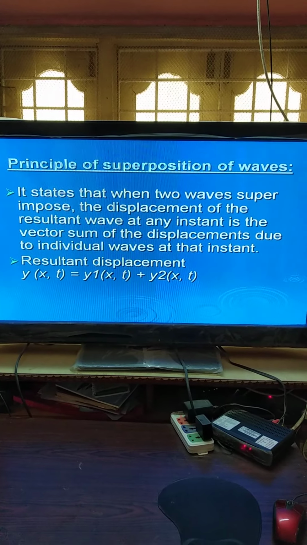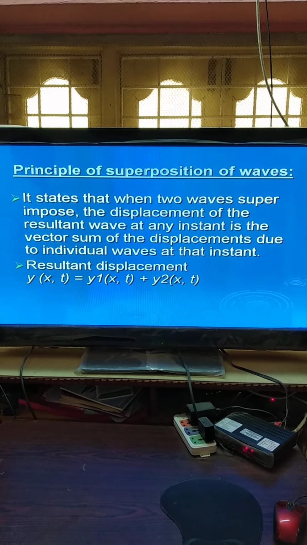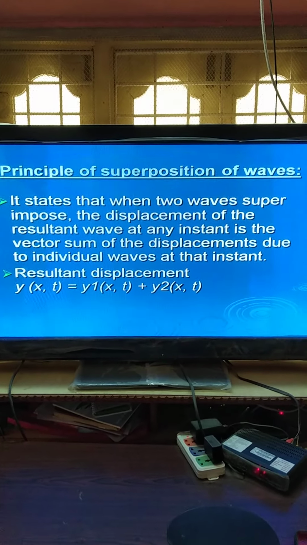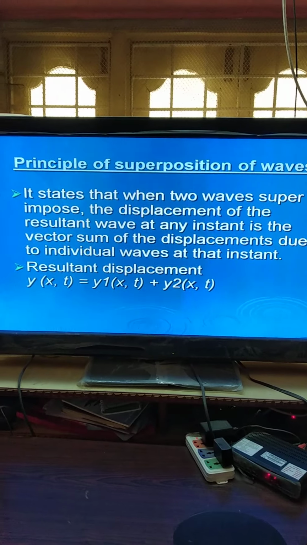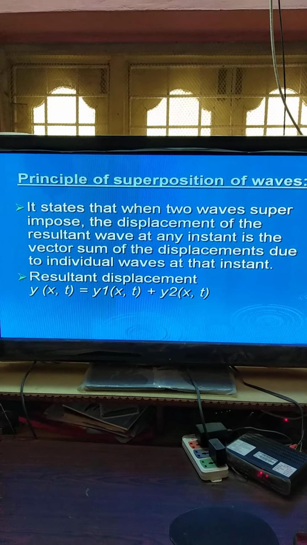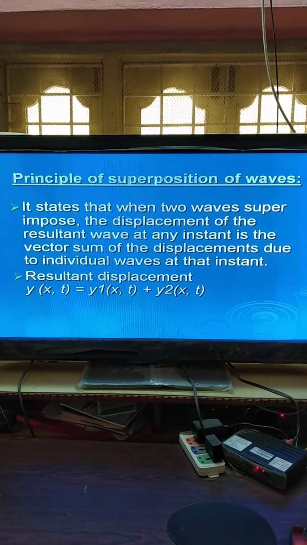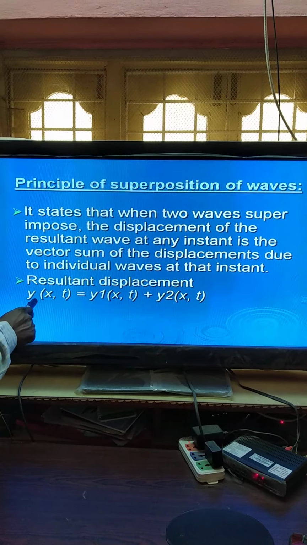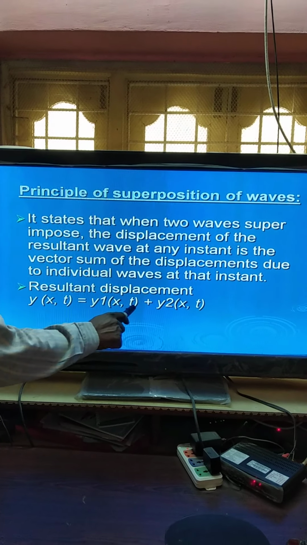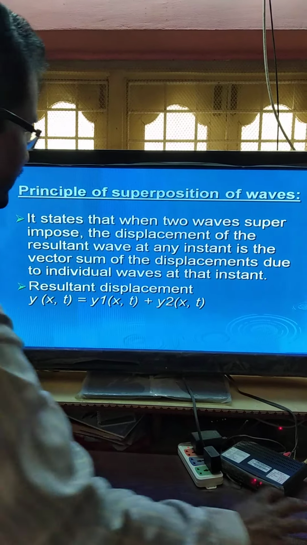The superposition principle states that if two or more waves superpose on one another, then the resultant displacement at any instant is equal to the vector sum of the individual displacements. That is y(x,t) = y1(x,t) + y2(x,t).